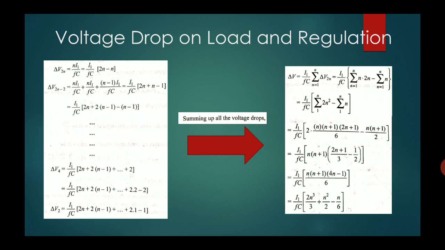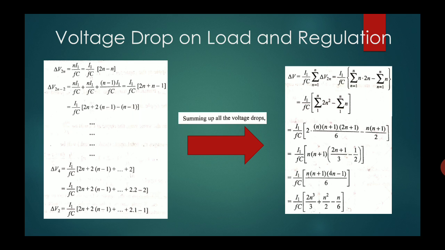Now if you sum up all those voltages, you will have an expression given on the right hand side, which can be calculated and made equal to I1 by Fc multiplied by the summation of 2n square from n equal to 1 to n minus the summation of n, where n is equal to 1 to n.